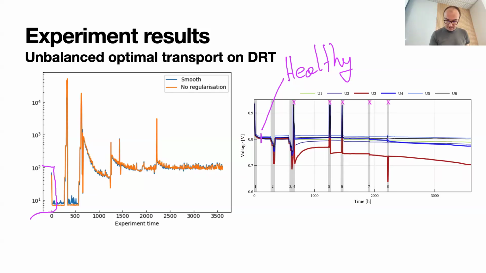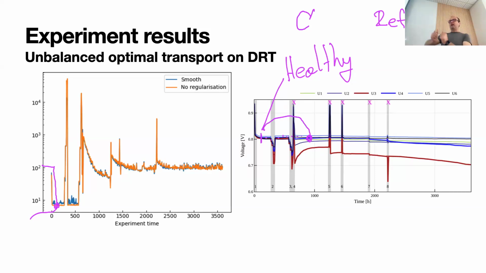And then we said, okay, this DRT at this point will be our reference DRT. And we are going to take every other measurement and compare it to this one, and using optimal transport, we are going to calculate the price, the cost. How much does it cost to change the DRT from here to become a healthy one?